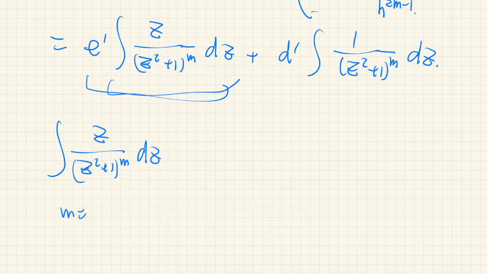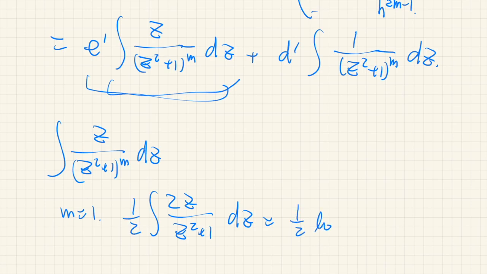When m is equal to 1, if we multiply by 2 and divide by 2, we get 1 over 2 log of (z squared plus 1), right?